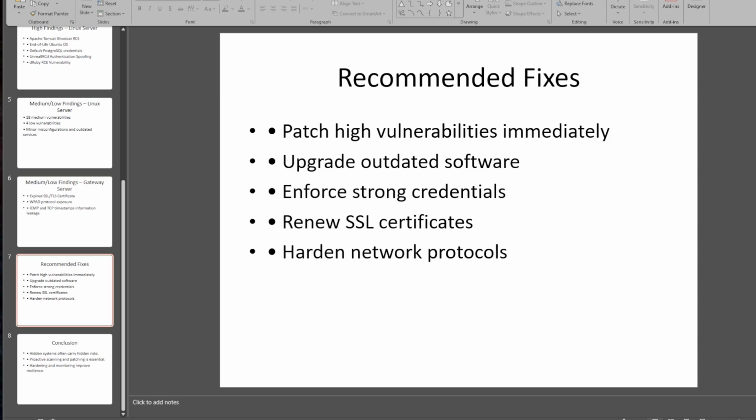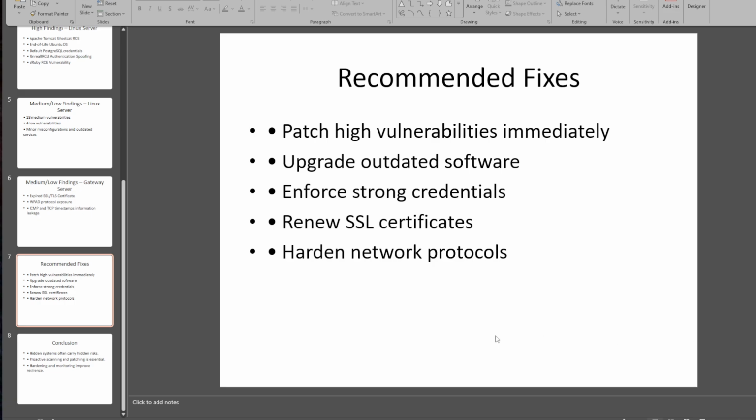So for our slide number 7, we had the recommended fixes. Based on the findings, I recommend the following. For the Linux server, we can upgrade the operating system to a supported version, patch all vulnerable services immediately, and enforce strong credentials on our database servers like PostgreSQL.